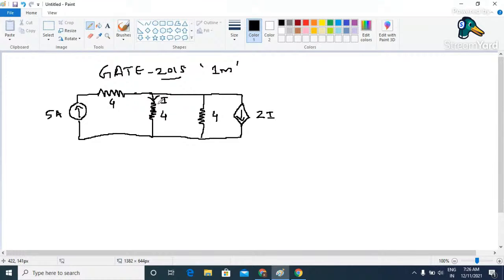Here our objective is to find the value of that voltage.